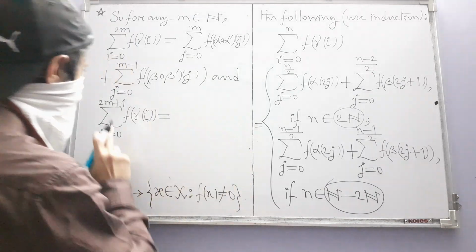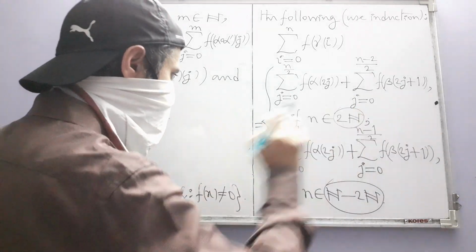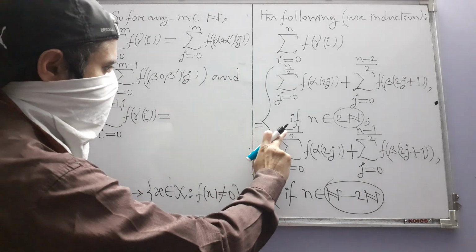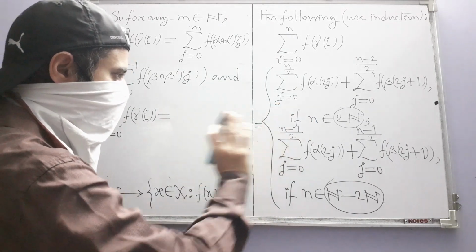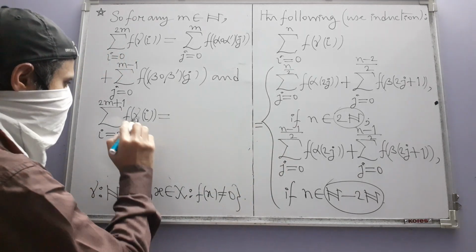Okay, so now 2m plus 1 is odd, so we use this part of the formula. If you have 2m plus 1 here, then plus 1 minus 1 cancel out, 2 cancel out, so you are left with m.